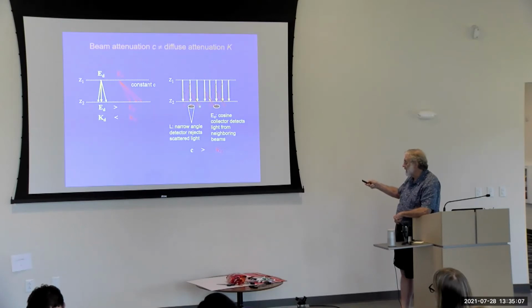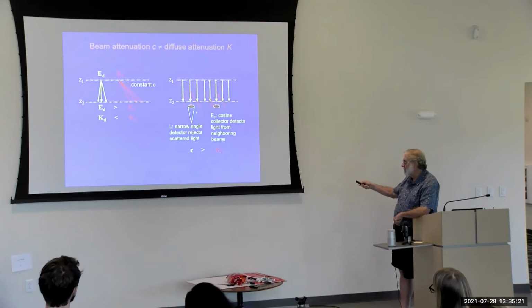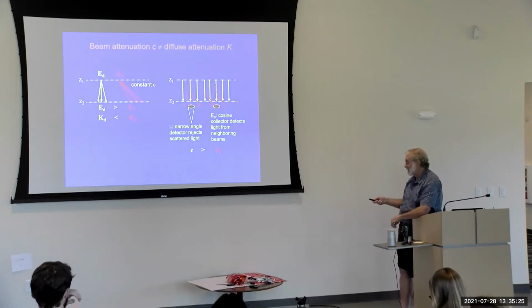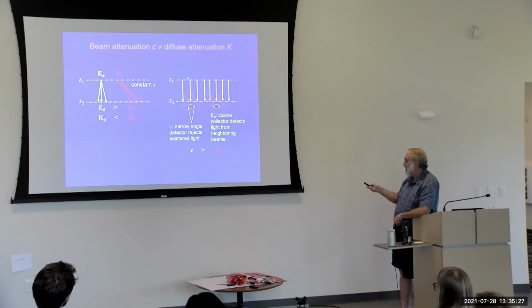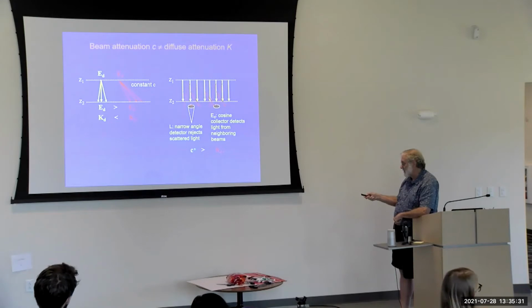This beam misses the instrument, and this one misses the instrument. Whatever light is scattered out of these beams is not seen by the instrument. Even the light that's scattered from here would go into the instrument, but it would be blocked inside because it's outside the field of view. So you ask how much light got from here down to here, and you use that to compute the beam C.